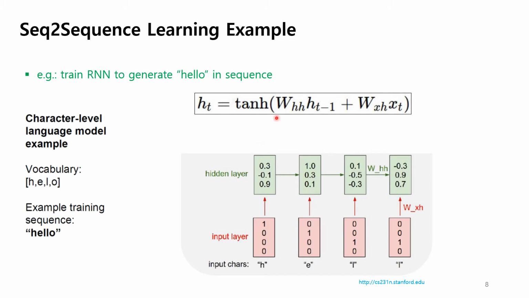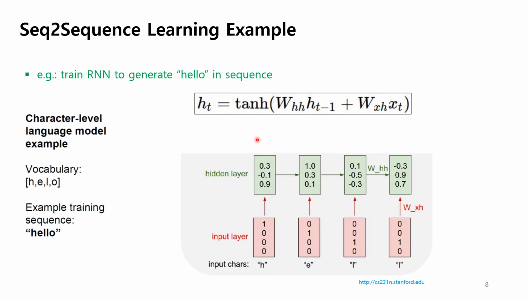If this output is E, then the answer is correct, because I said that when I give H, this RNN should generate ELLO. So if this output is E, it is correct. But if this output is not correct, there is an error. Depending on the output, we compute the error.